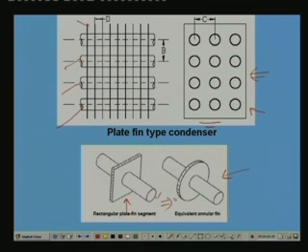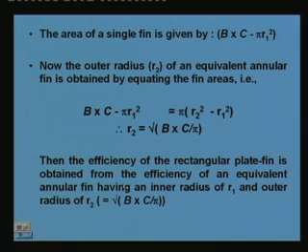And how is this done? This is done by equating the fin areas. That means simply this area is equated to this area. So, let me quickly show the equations.